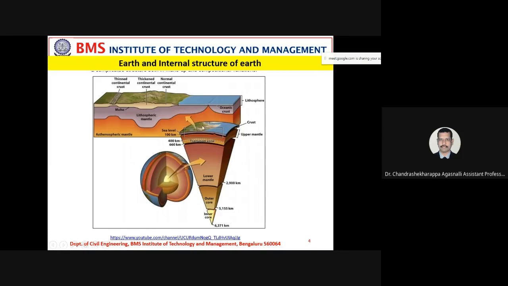Okay, most of the crustal part has heterogeneous materials. I'll give the example of mining, especially open cast mines and underground mines. Open cast may go up to maybe 100 meters.